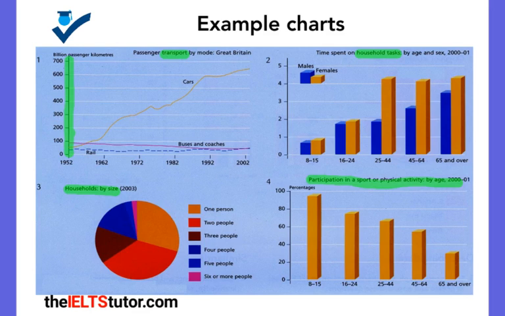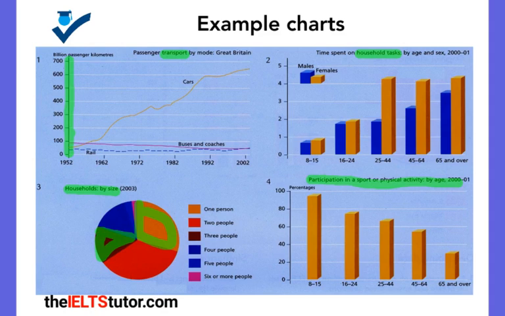Proportions is obviously illustration 3, because a pie chart like this shows the proportion of the total for each group illustrated. So a pie chart normally shows you proportions, proportion of this, proportion of that, and so on.